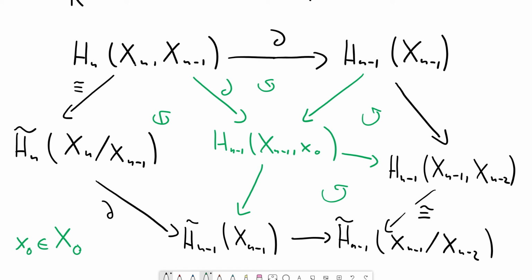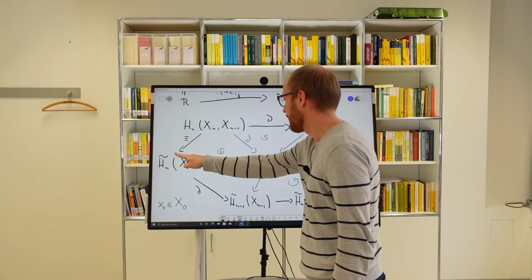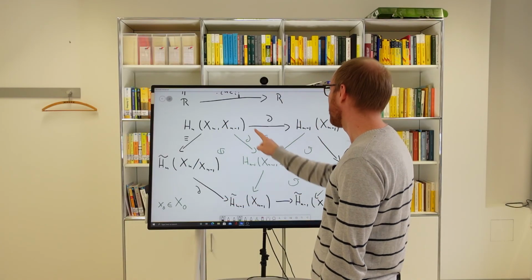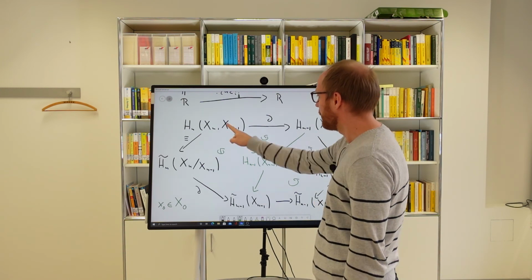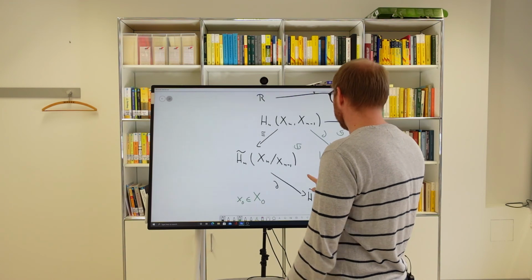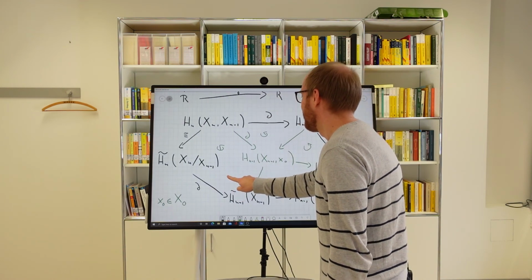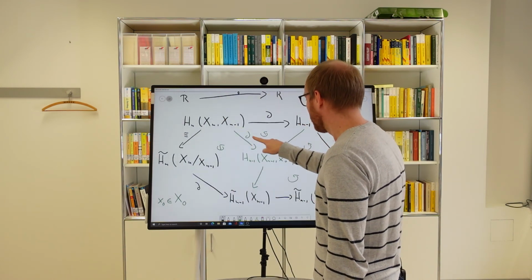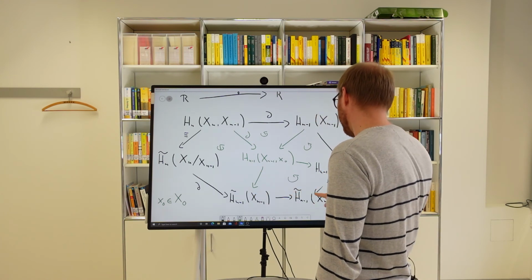Okay. So all these little things commute, so we should also make sure that the outer big thing commutes. So let me just show it to the camera. Commutativity is claiming that going along here is the same thing as going along here. Why is this the same thing? Well, going along here is by commutativity here the same thing as going along here.